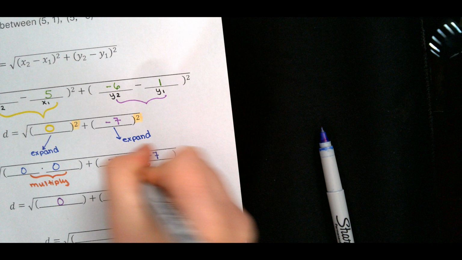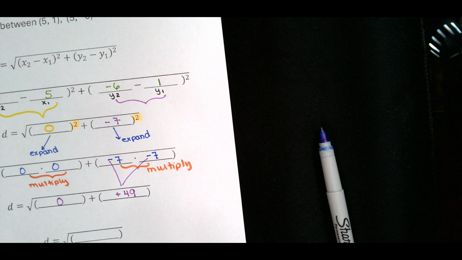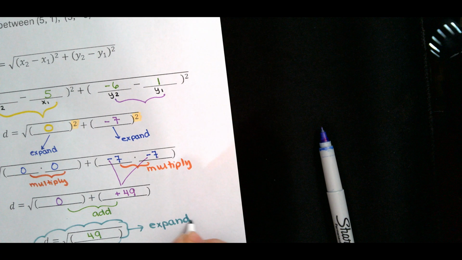Here I am adding. 0 plus 49 is still 49. And now in this location, you're going to expand your square root. Oh, look at that. Sorry, I apologize. My paper.